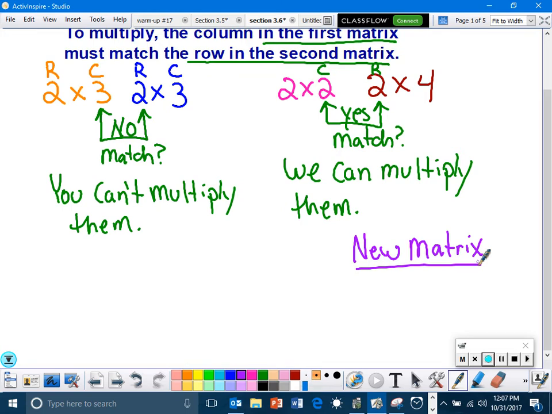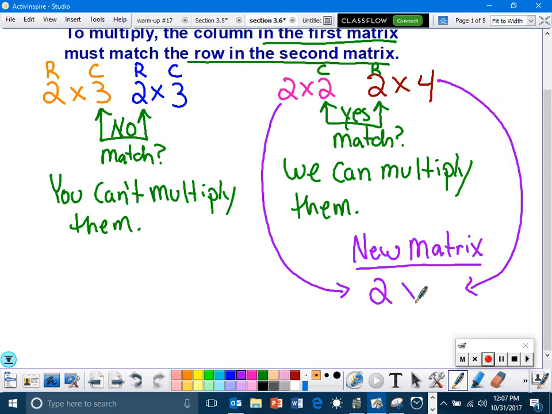Okay, so this is how the new matrix works. The new matrix will be 2 by 4. Again, the new matrix will be a 2 by 4 matrix because we take the row and then the column that are not being matched, and that becomes the new matrix.